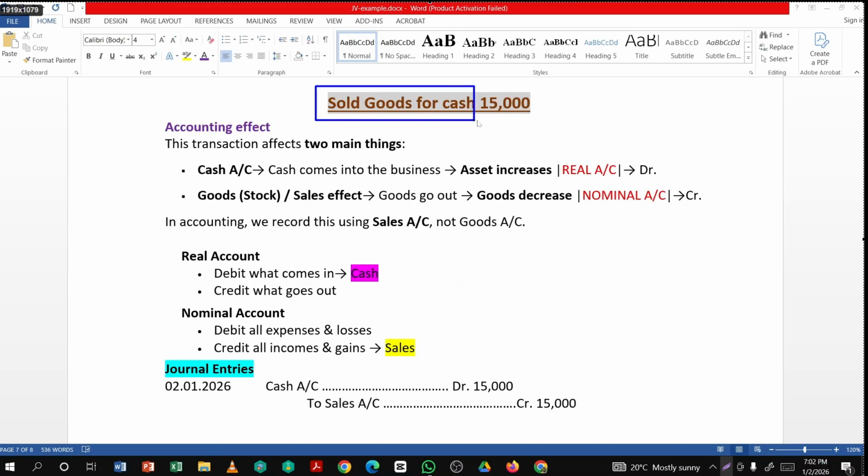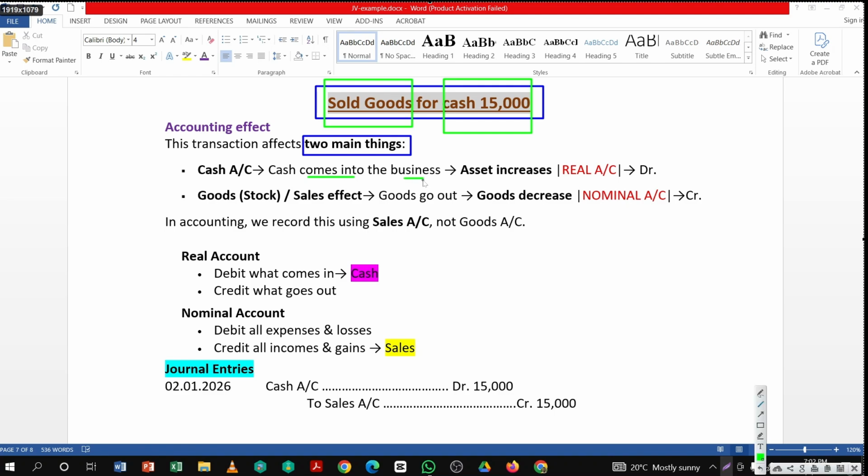Sold goods for cash taka 15,000. This transaction affects two main things. One is goods sold and another is cash coming in. When cash comes into the business, this will be asset increase, that is real account, that means debit.